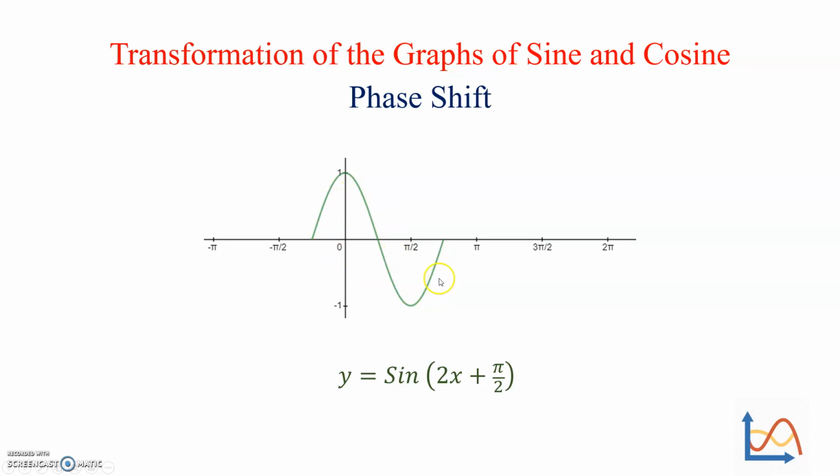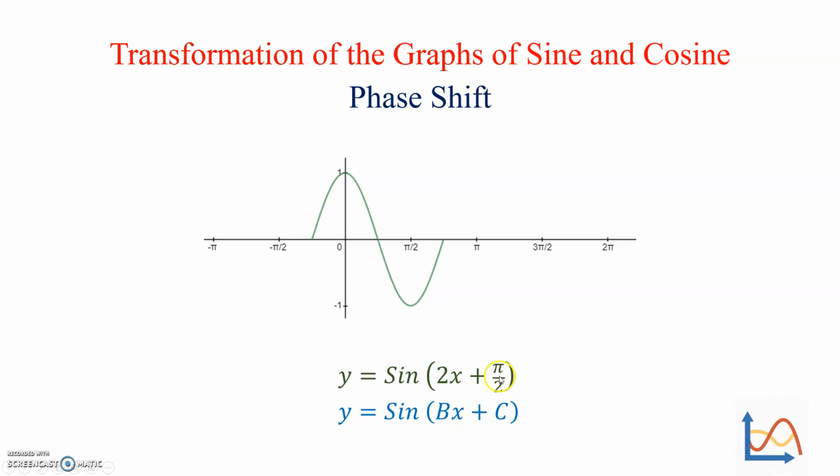So this graph right here is the graph of sine of 2x plus pi over 2. There's the 2 as the B. 2 pi over 2 still gives us that period of pi. The way we can determine that it did shift to the left, we can see it physically moves to the left pi over 4. So the arithmetic to get us to that number, there's a formula for phase shift.